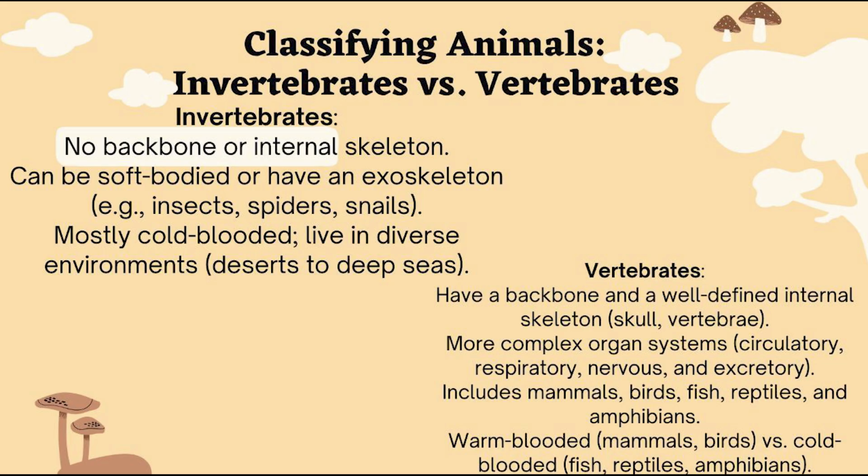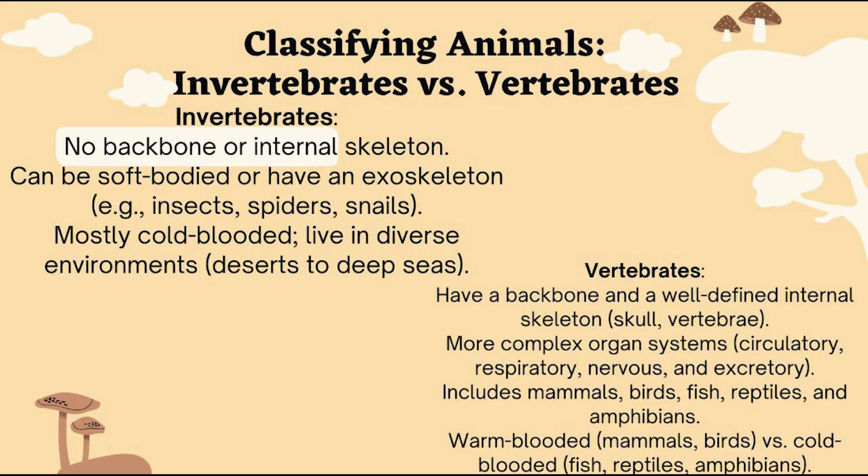Vertebrates, on the other hand, have a backbone and complex internal structures like a skull, spine, and specialized organ systems. This includes mammals, birds, fish, reptiles, and amphibians. Remember, some vertebrates are warm-blooded, like mammals and birds, while others, like fish and reptiles, are cold-blooded.